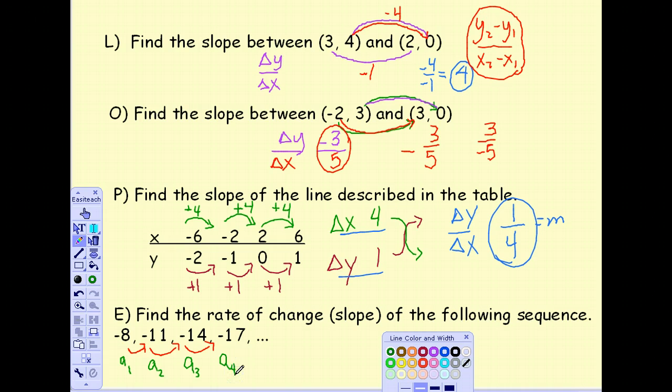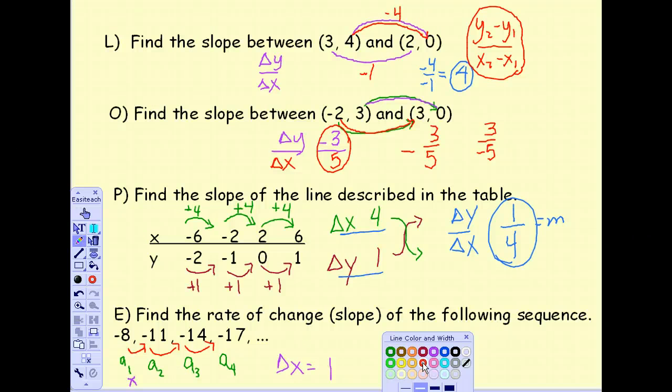Okay, the subscript, that's our x value. So whenever we use these subscripts down here, we're talking about the x's. Those x's are changing by 1 each time. So the change in x is 1.